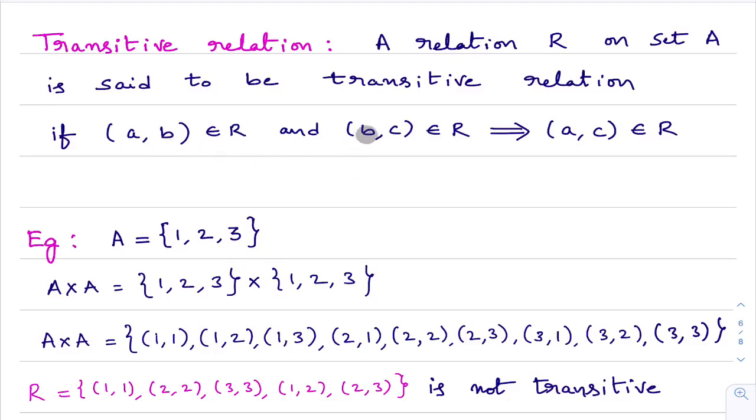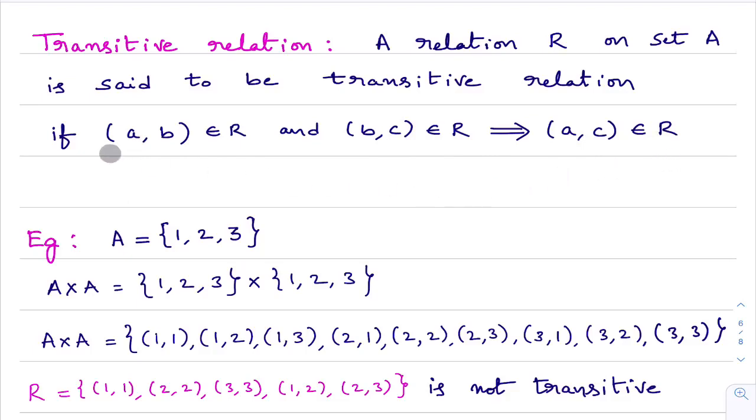Such type of ordered pairs, if you can find in the given relation, you will check for A comma C. You see this first element in the first ordered pair and the last element in the second ordered pair. A comma C present in the given relation or not, you will check. If A comma C is there in the given relation, then we say that this relation is transitive relation.